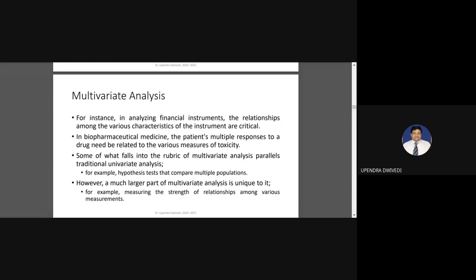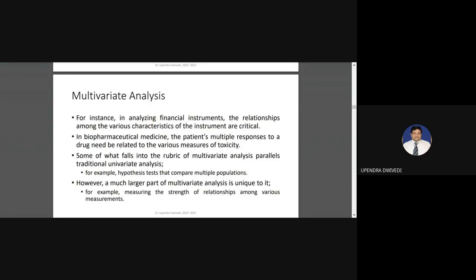Maybe some drugs are good for some patients and give a more favorable result, but compared to other patients they are not very favorable. They perform very badly for other patients.